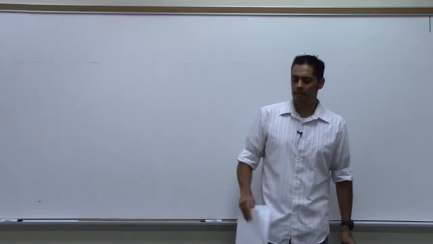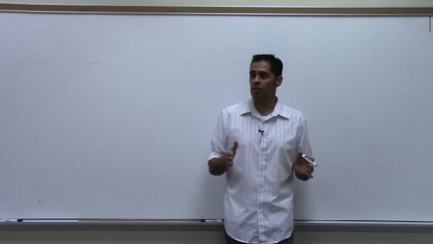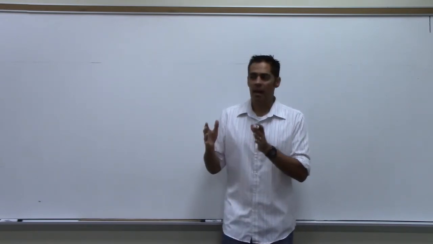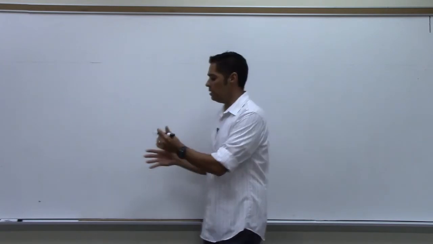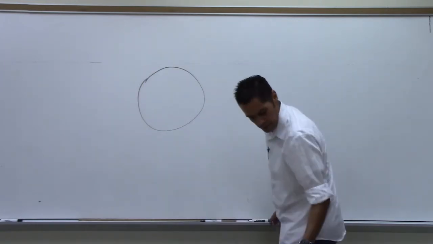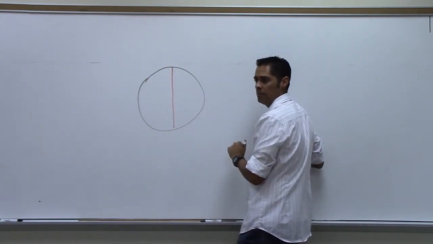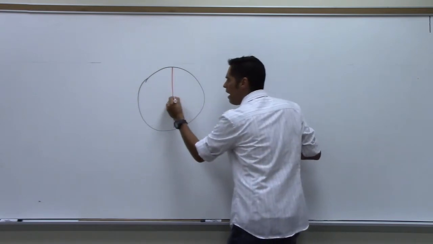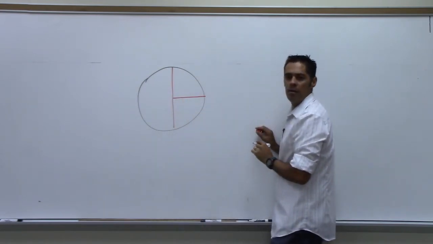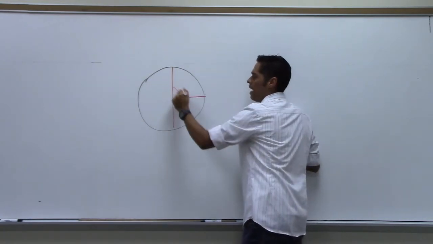It's kind of like saying if half of the students at Northwest Vista go to UTSA and half of those major in biology, so here's all the students at Northwest Vista. Let's say half of them are going to go to UTSA. And let's say half of them are going to go into biology at UTSA. Then what percentage of the whole is that?